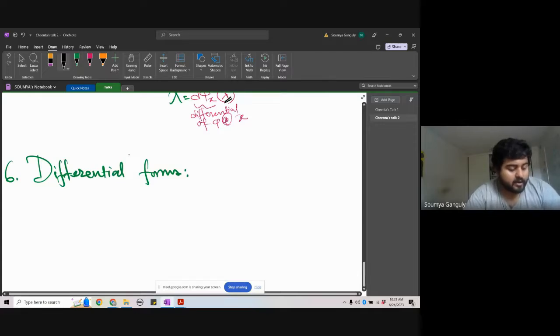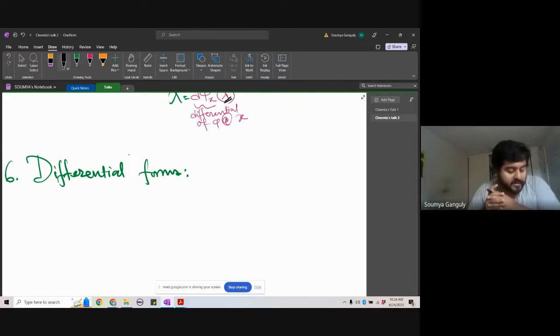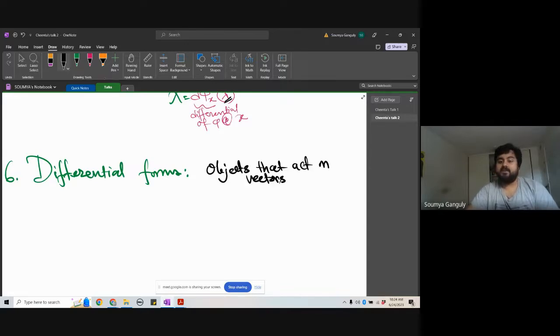So, what are differential forms? There are many ways to define differential forms, but basically think of them as objects that act on vectors. I'm not going to define them very rigorously. Objects that act on vectors and give you numbers.